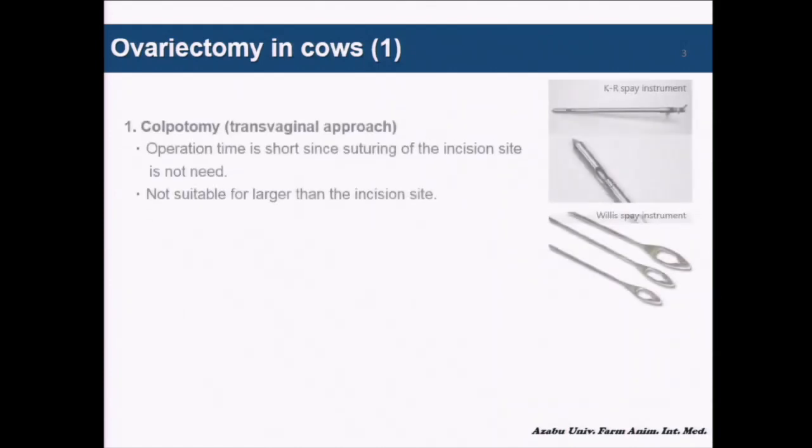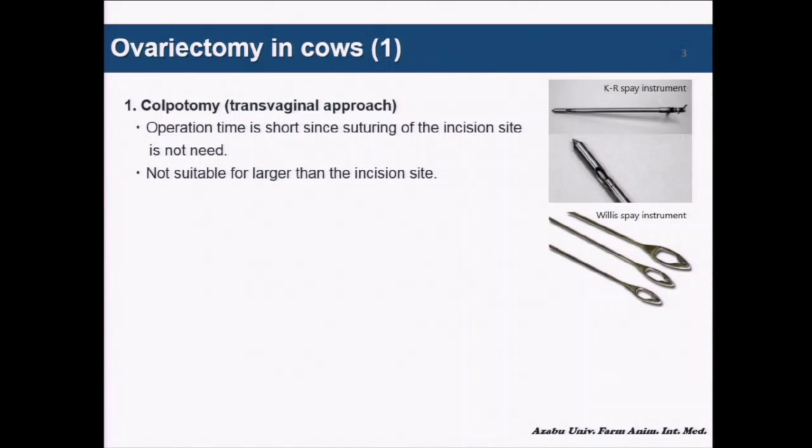This slide shows the procedures of ovariectomy in cows. Ovariectomy can be performed with various procedures. In any given case, the procedure is chosen based on the purpose. For example, ovariectomy for increasing productivity often uses colpotomy.